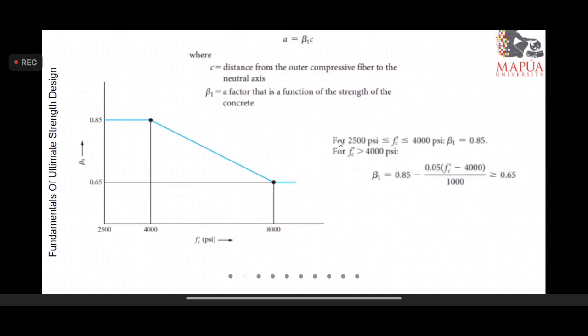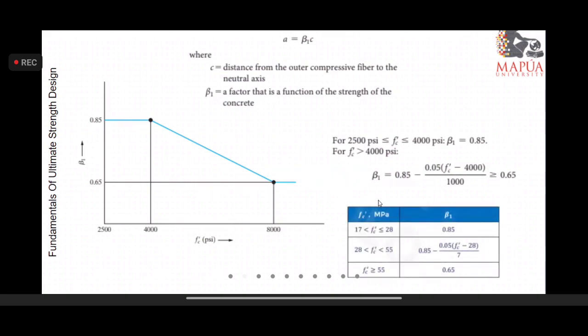So in English natural units, for Fc prime greater than or equal to 2,500 psi but less than or equal to 4,000 psi, as I have uttered here, that will be 0.85. For those values of Fc prime greater than 4,000 psi, this will be the consideration for beta sub 1, which can be derived coming from this one: 0.85 minus 0.05 times Fc prime minus 4,000 all over 1,000, that is nearly a conversion, greater than or equal to 0.65.